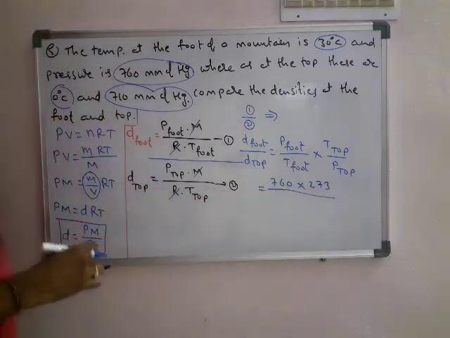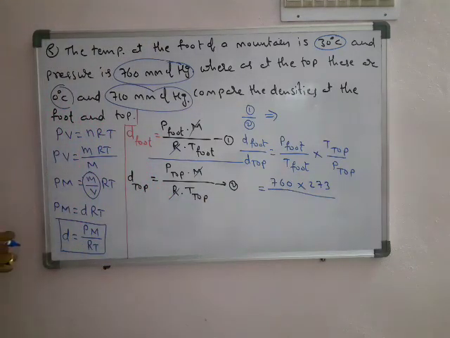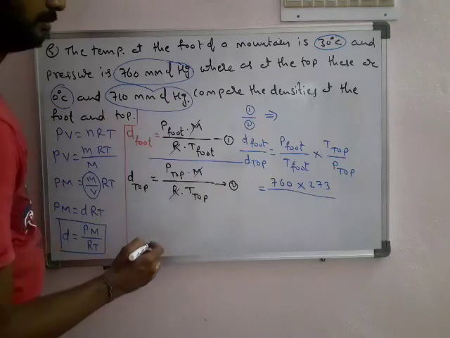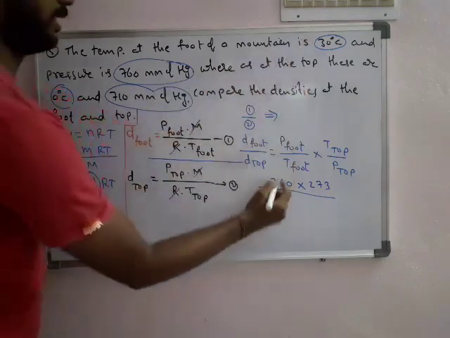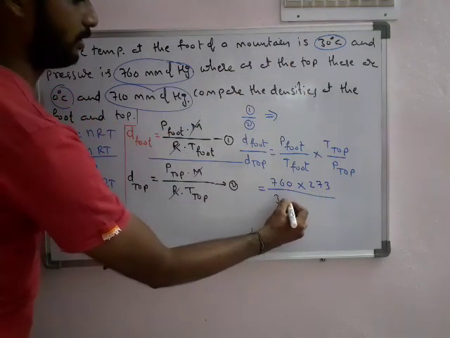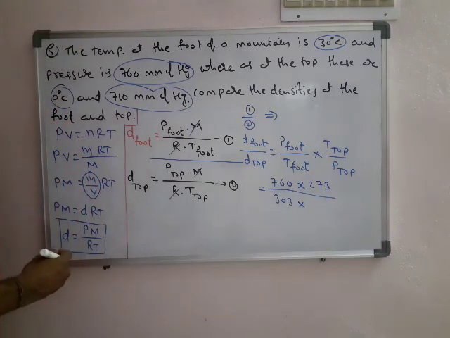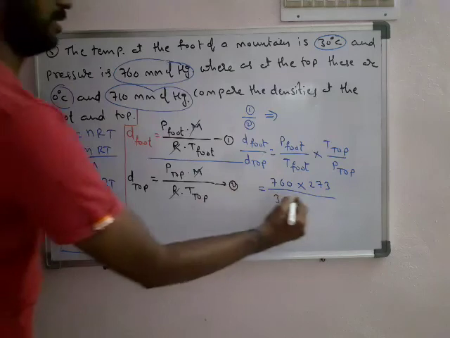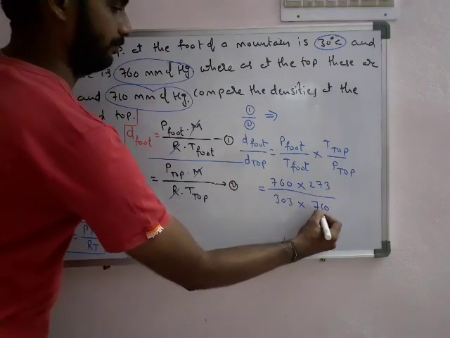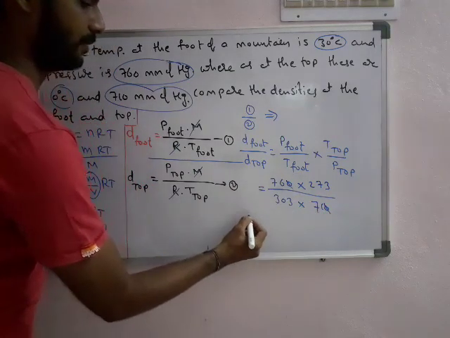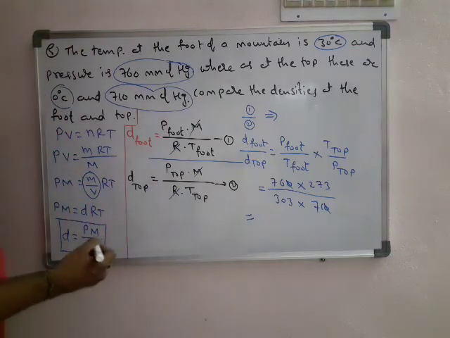What is T foot? T foot, that is 30, which means 303 Kelvin. Next, what is the pressure at the top? 710.